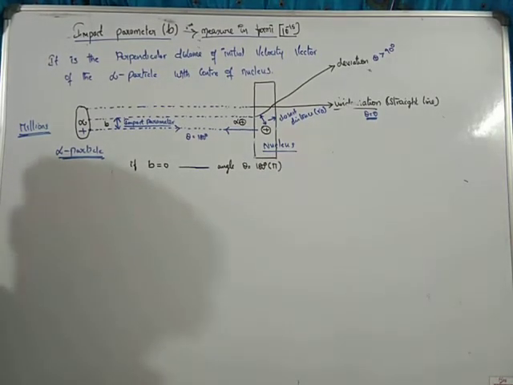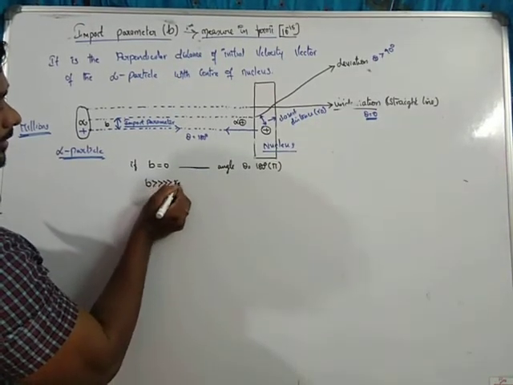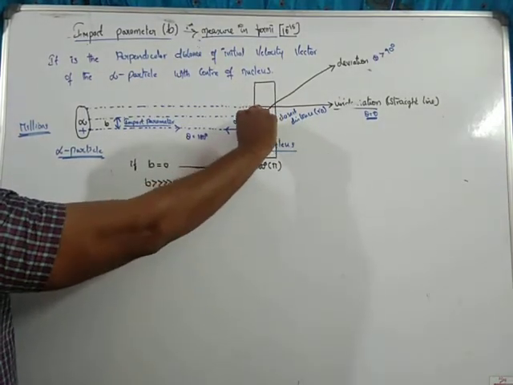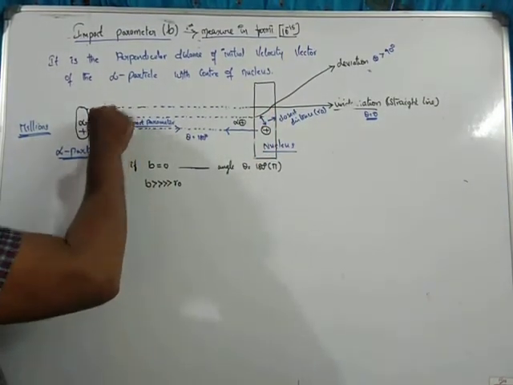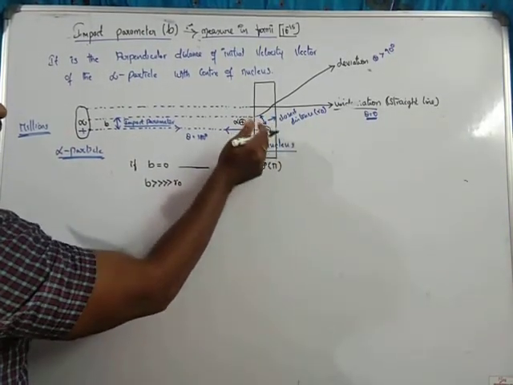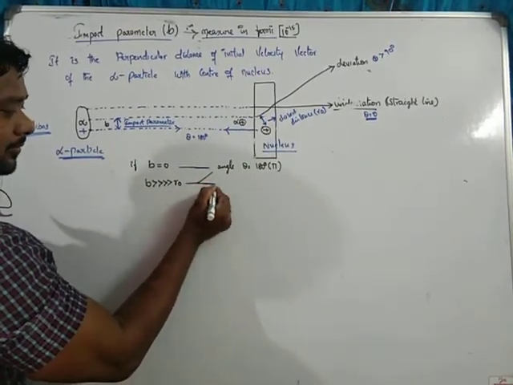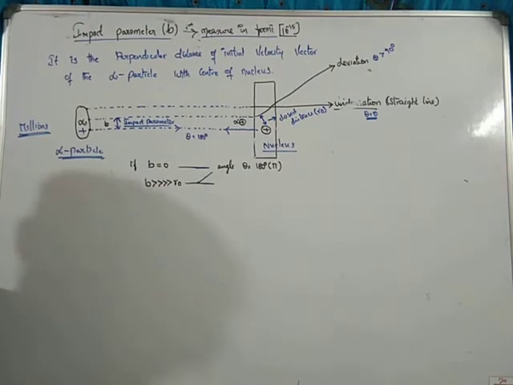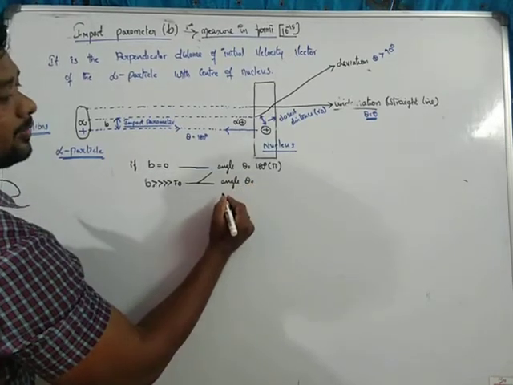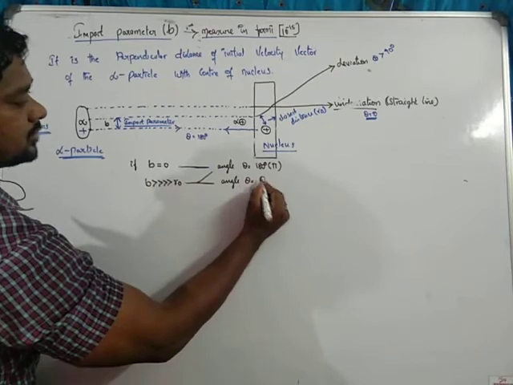Suppose we consider theta is more when compared to R naught. Suppose this will be the R naught. Whenever this is the value of R naught, if it increases more than that, it will be deviated, and the angle theta will be equal to 0.